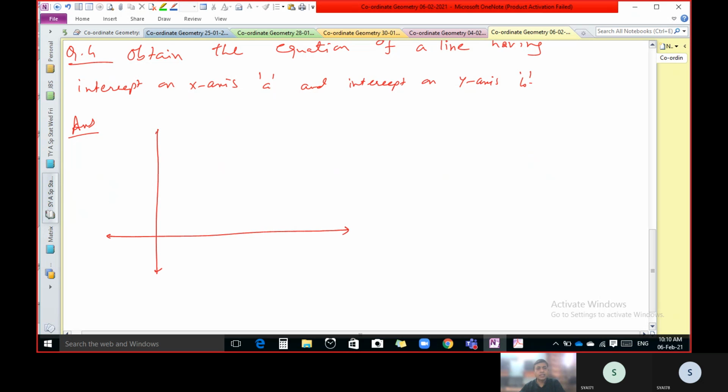Here the intercept on x-axis is A and on y-axis is B. Let us say this is line L. The intercept on x-axis is A, so this is point A0, and the intercept on y-axis is B, so this is point 0B. If we have these two, how do we find the equation of line L? Let us take one point P on the line.